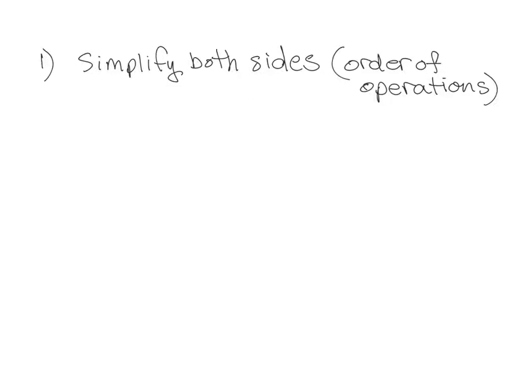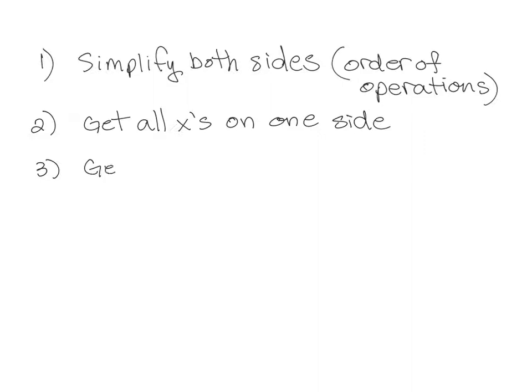So you simplify both sides. Then you're going to have to get all the variables on one side, and this is not the textbook way to write this, but it's the way we understand it. Get all the x's on one side, that means on one side of the equal sign. And then you get them alone.